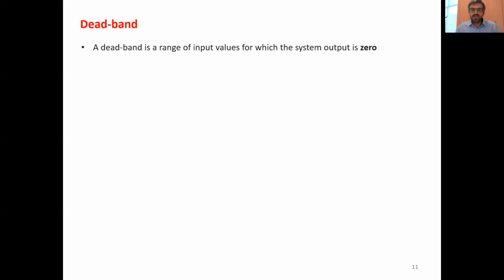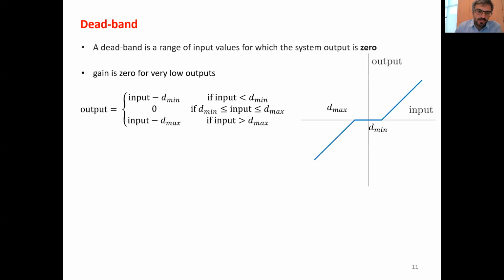Finally, the last non-ideality we will present is the deadband. The deadband is similar to backlash, but not the same. It's whenever you have a range of input values for which the system output is 0. So let's say you have your input, and in this window you have 0 output. Then you start to have a linear behavior between the input and the output.